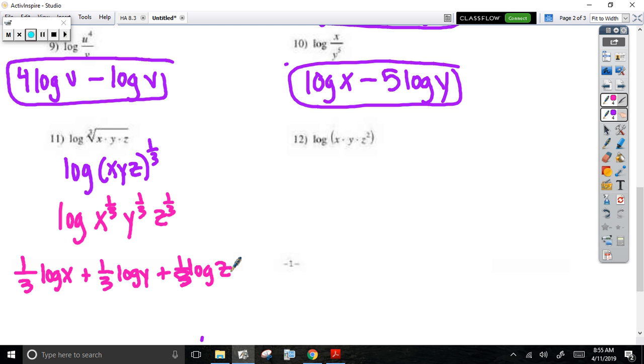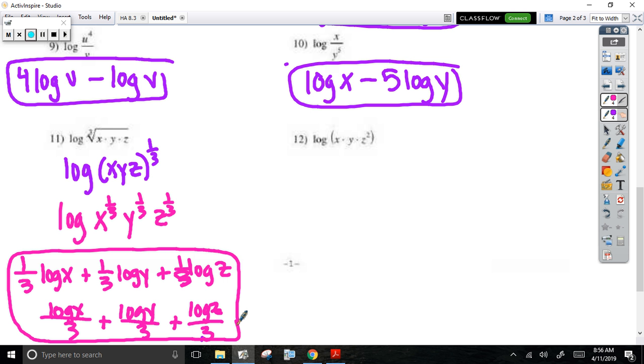And what the answer key does is it puts them over 3. So that is the same thing. Log x over 3 plus log y over 3 plus log z over 3. But you can absolutely leave them with 1/3 instead. Either answer is acceptable.